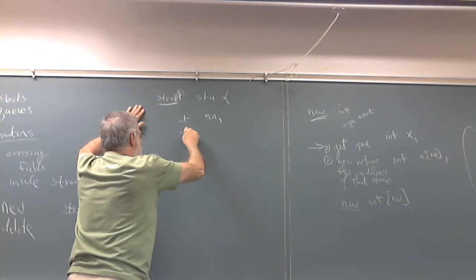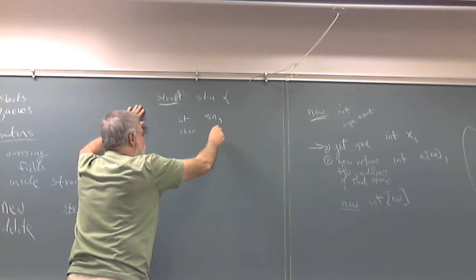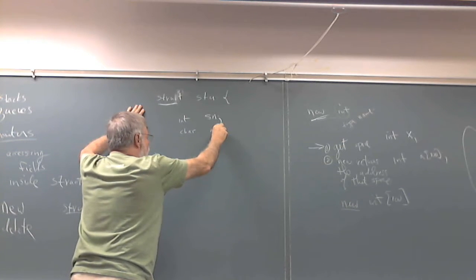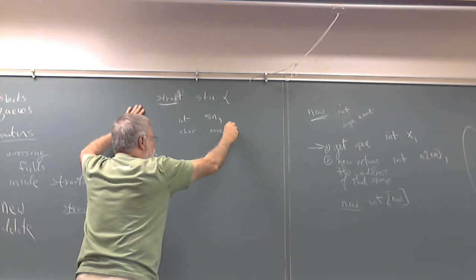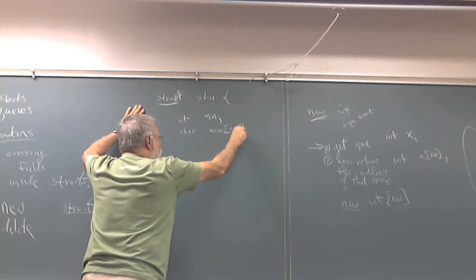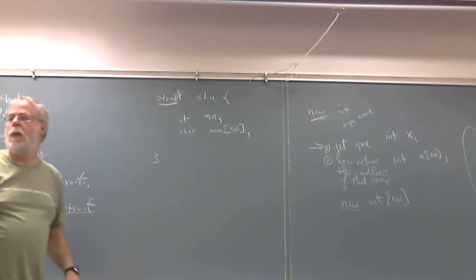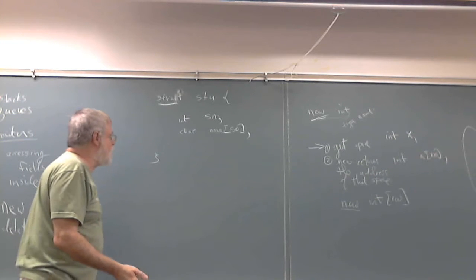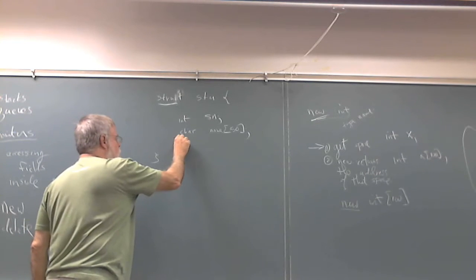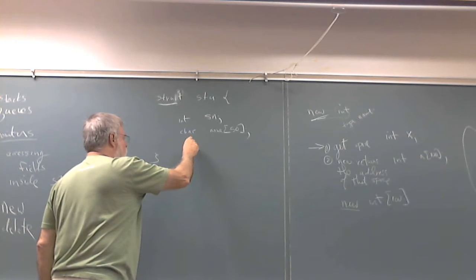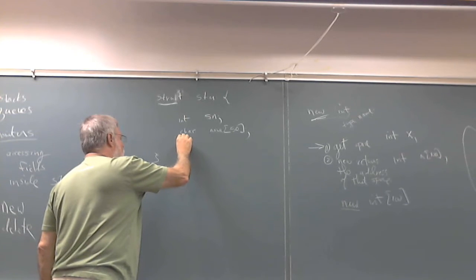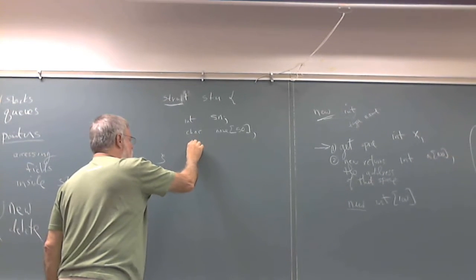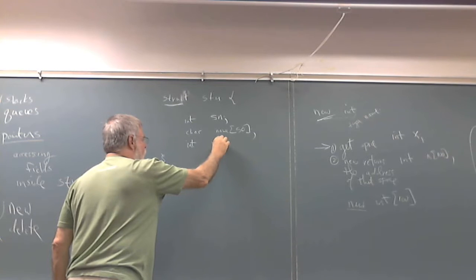So char name brackets, I don't know, let's say 50. Room for 50 characters. And let's say midterm grade. Let's keep that as an integer, int midterm.